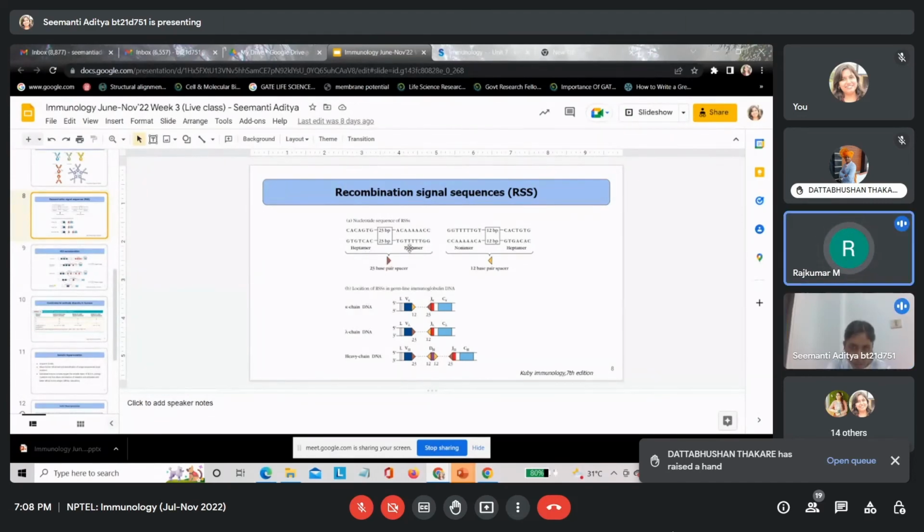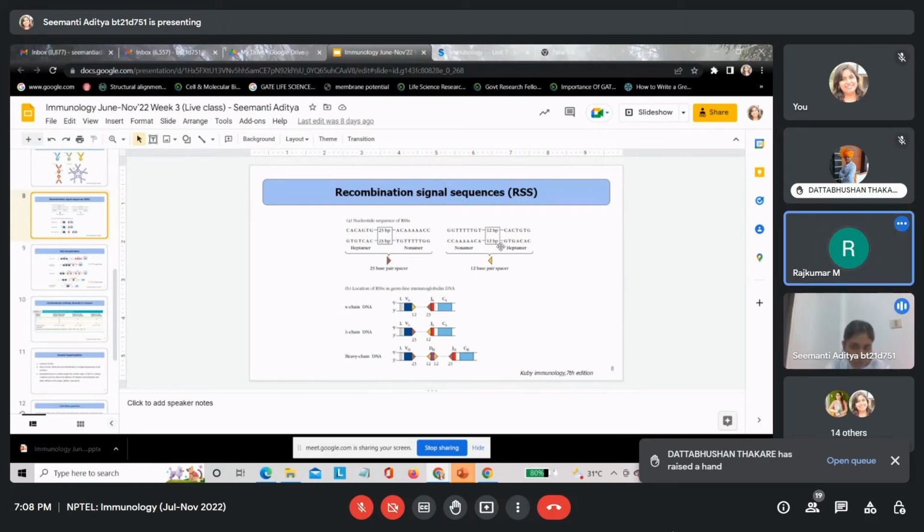So junctional diversity takes place because the heptamer and nonamer sequences have spacer sequences, 23 base pair or 12 base pair. These spacer sequences are added randomly by TdT polymerase, the polymerase that randomly adds nucleotides after recognizing this particular sequence.